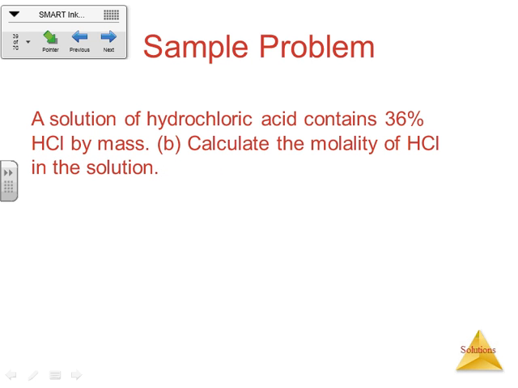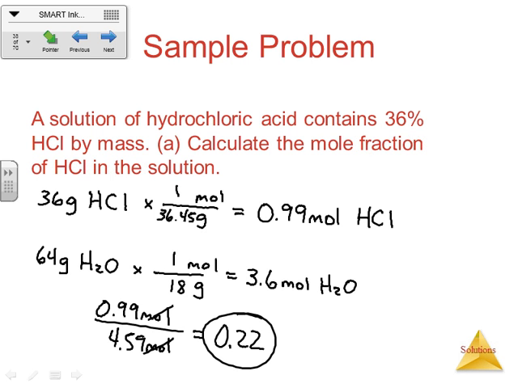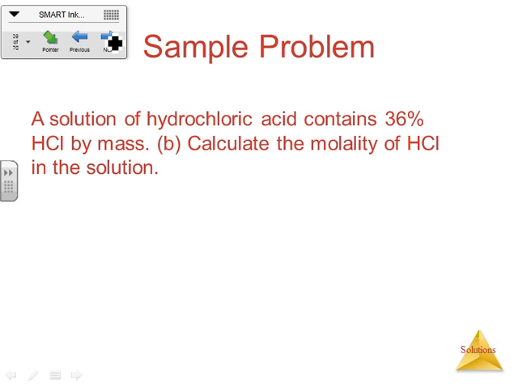Now we need to calculate the molality of HCl in the solution. Did we do anything on the first part that might help us with the second part here? We found the moles of HCl, which we found to be 0.99. So we know that at least.